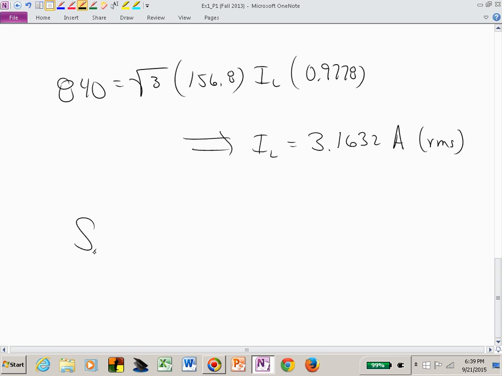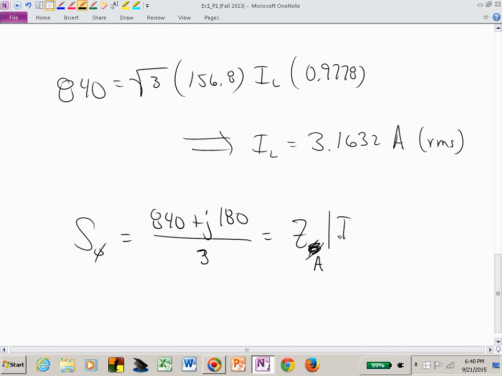Z sub phi, which is 840 plus j180 over 3, is equal to Z sub A times I sub L squared. And we just found I sub L. That squared is going to be a little bit more than 9. We divide this complex number by 9, and we have our impedance at the load. And now you have about a third of the problem solved.